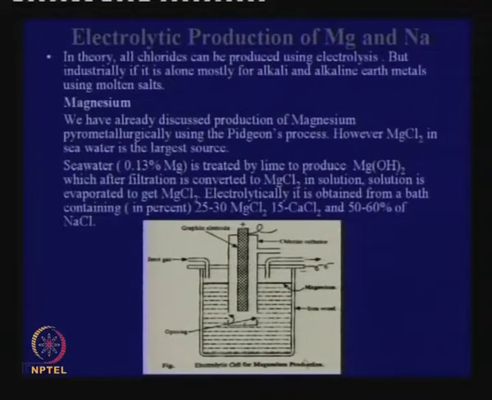I ended that module by talking about magnesium electrolysis and sodium electrolysis. There I mentioned the special features of the electrolytic cells which ensure that the metal released does not react with chlorine. In the case of magnesium, chlorine is released, here it escapes, magnesium floats up, it never comes in contact with chlorine.